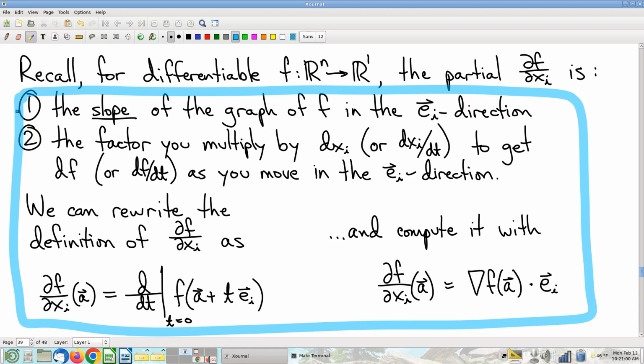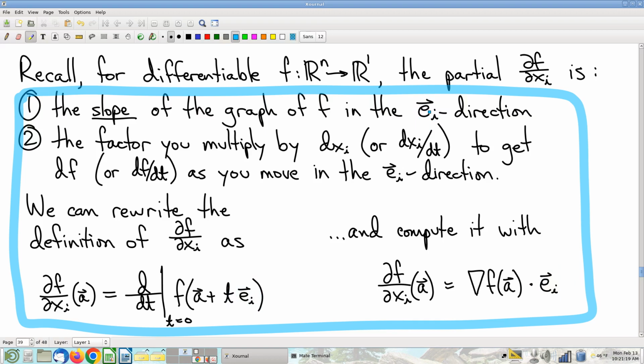Stated entirely, as you'll notice, in terms of vectors. The only thing indicating which direction we're going here is this vector. Okay, so that noted.